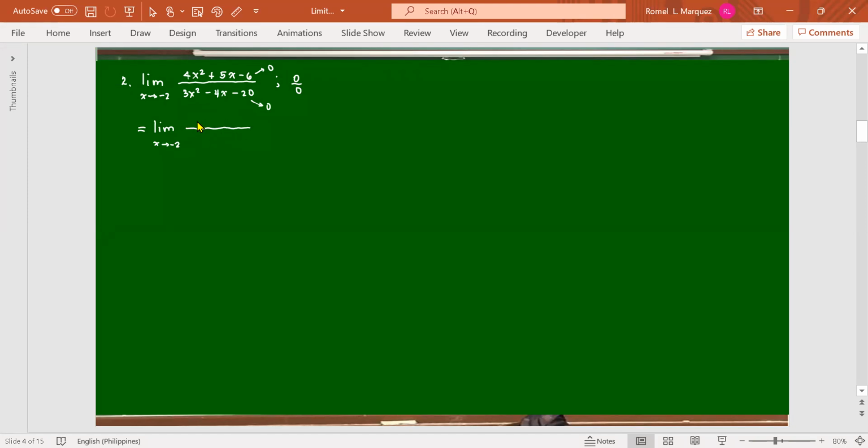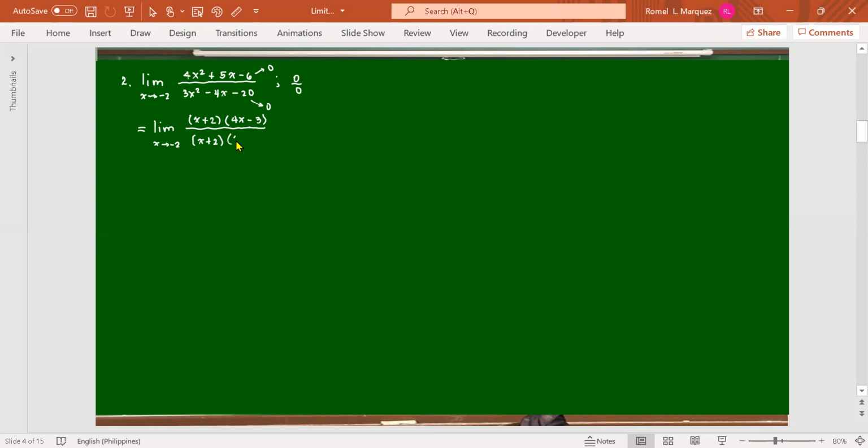Okay, so let's have the numerator. What's the factored form of the numerator? Guaranteed there is x plus 2, no? So the other factor is 4x minus 3. Am I correct, guys? The denominator, one of the factors is x plus 2.